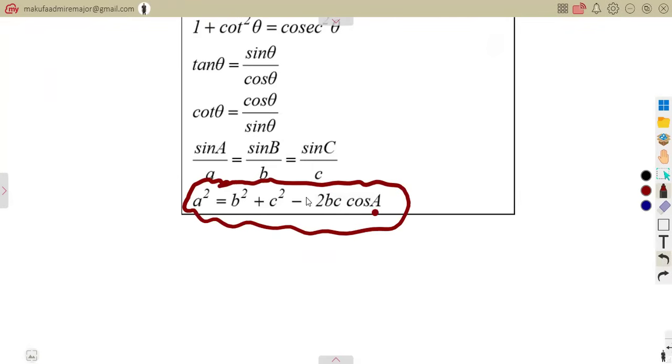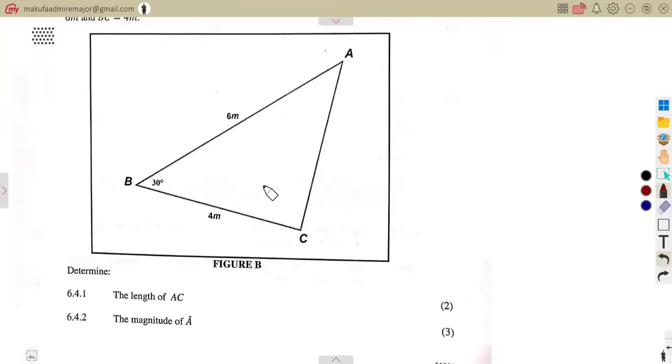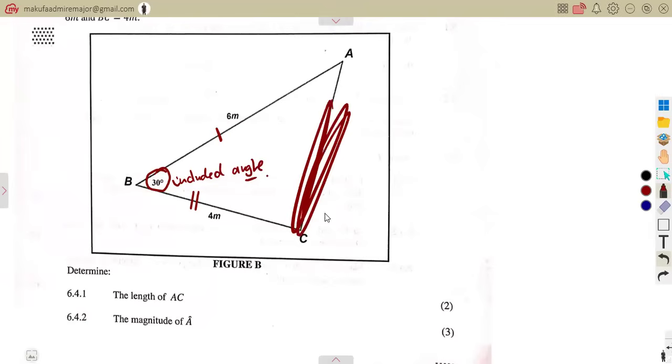A there is the included angle, the angle that is found between two given sides. So if you are given an included angle and you want to calculate the side opposite, you can use the cosine rule.